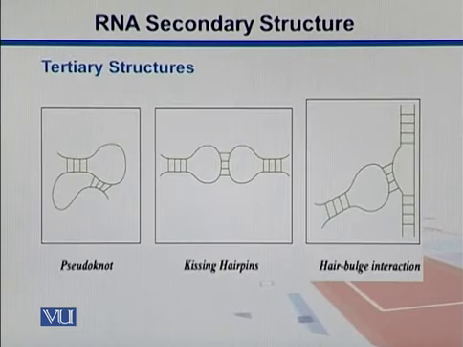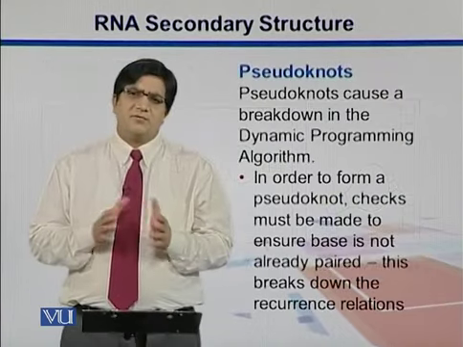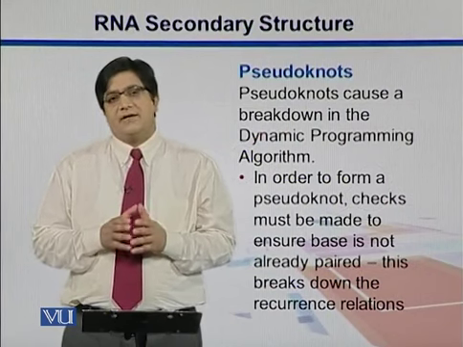Sometimes these pseudoknots and related structures, where we can have two loops joined together, make different structures. We call them pseudoknots, kissing hairpins and hairpin-bulge interactions. In that case, it might go into some tertiary structures. Pseudoknots break up our dynamic programming matrices, so they create issues and should be dealt with carefully.